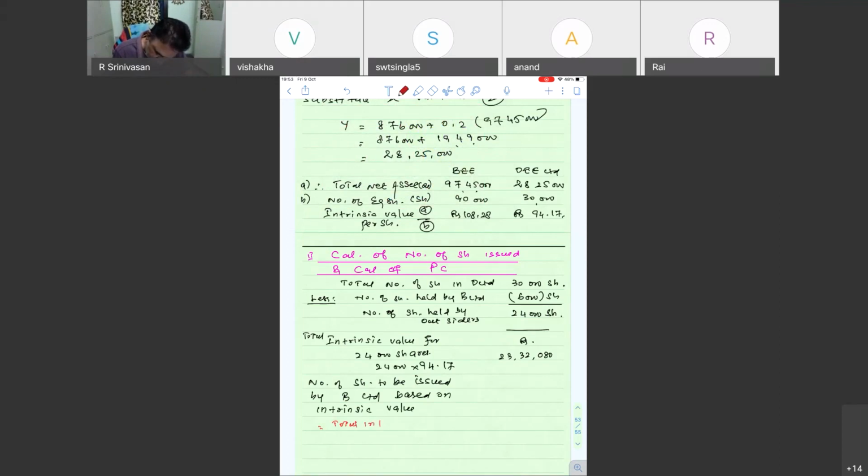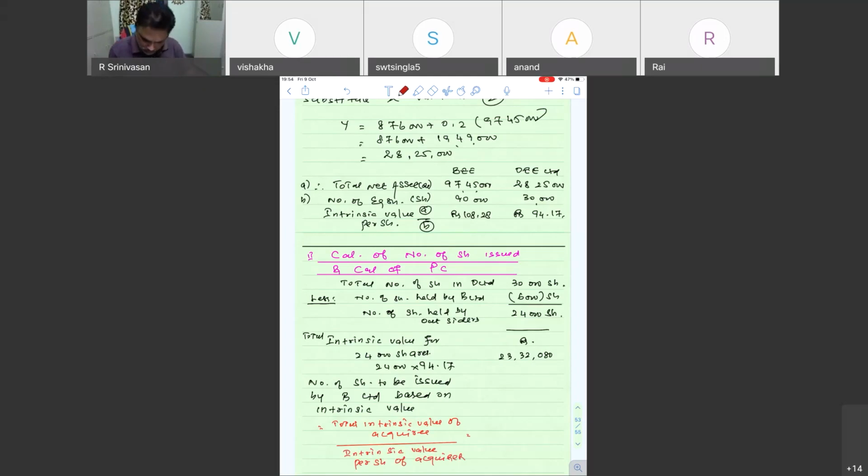Intrinsic value of acquiring divided by intrinsic value per share of it.